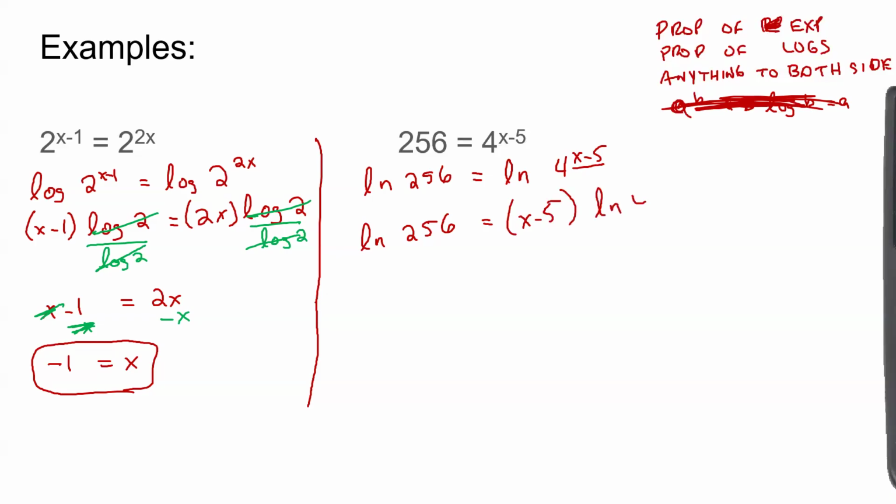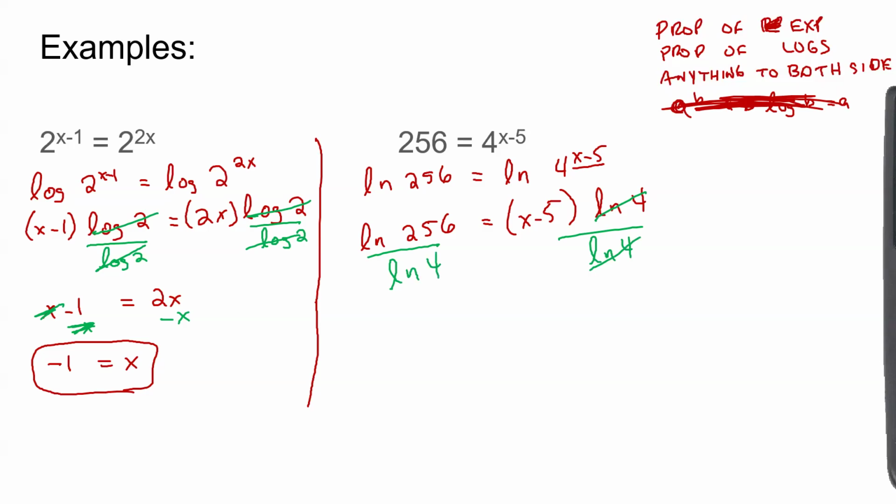Got the natural log of 4. Okay. Trying to get at that x. It's right there. At some point I'm going to have to add 5 to get rid of the negative 5 there, but I've got to get rid of this natural log of 4 that's multiplied there. So the opposite would be to divide by the natural log of 4. That'll cancel. Got to do it to both sides, though.